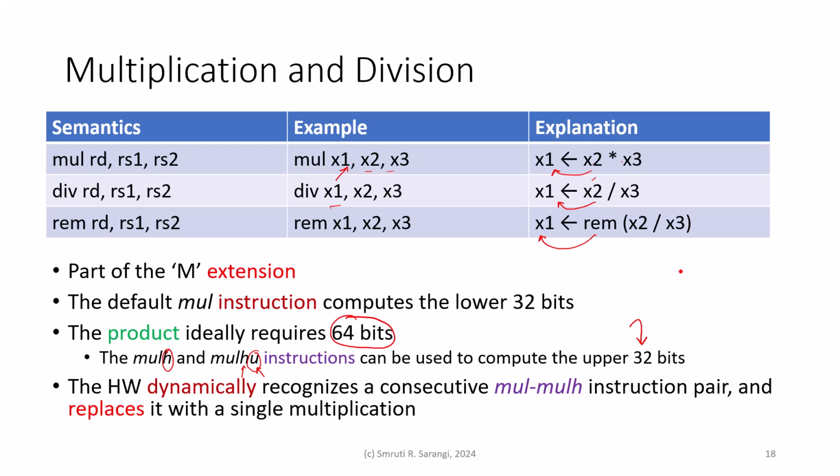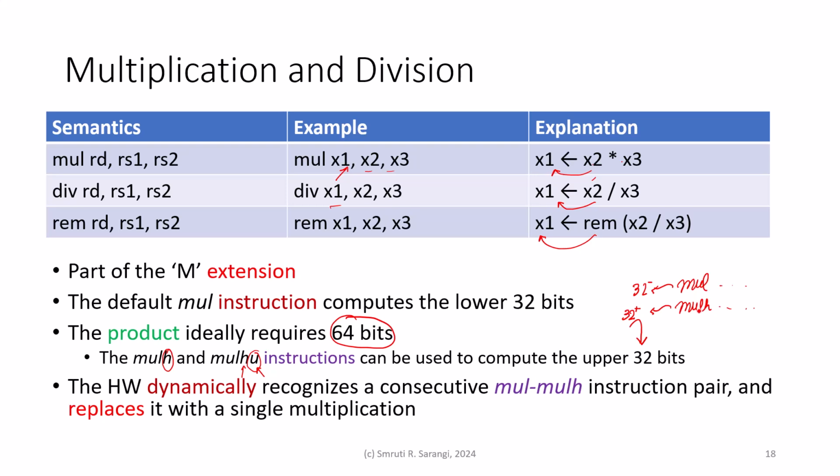Now here is the greatness of the RISC-V ISA. As I said, there are these small things which make the ISA special. Let us say that I want to multiply two 32-bit numbers and get the 64-bit product in one go. It is true that I will issue two instructions, mul and mul-h. Mul is going to give me the bottom 32, so let's call it 32 minus. And mul-h is going to give me the top 32, which is, let's say, 32 plus.